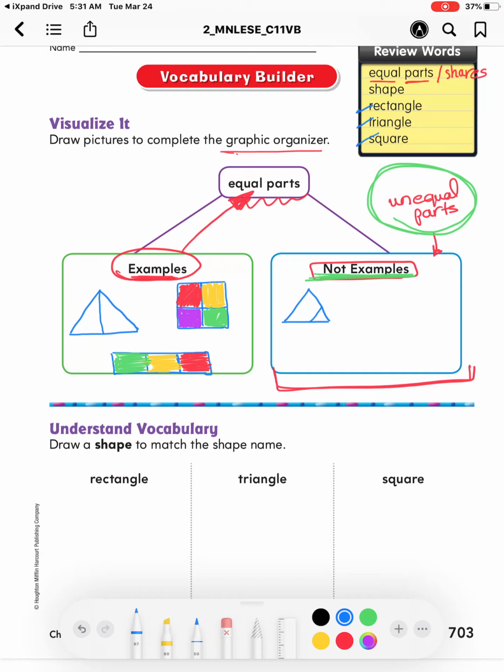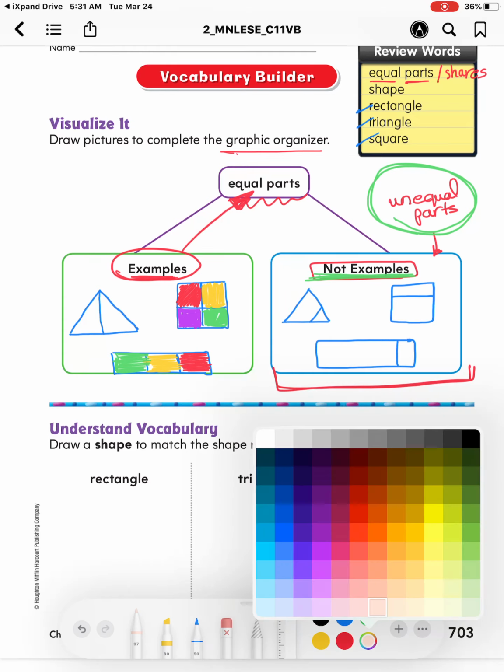So we have unequal parts. Or we have a square, and I told you we're going to draw it like this. So also we have unequal parts. Or we have a rectangle, and we are going to draw it like this. So those are unequal parts.